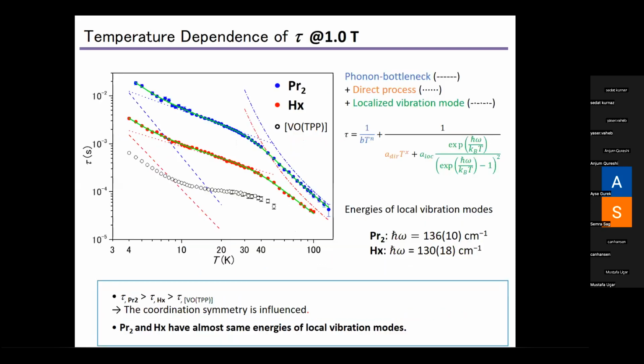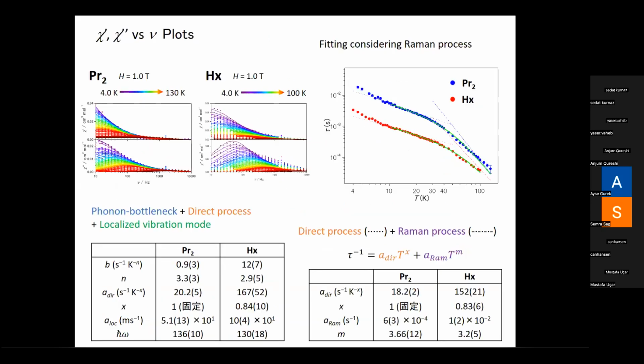Then you can see the result. So this is oxyvanadium TPP, and this is hexyl. Hexyl has a longer lifetime because of the smaller anisotropy. Surprisingly, propyl is the longest of all compounds. You can see both compounds show slow magnetic relaxation. Both are candidates of molecular spin qubit.